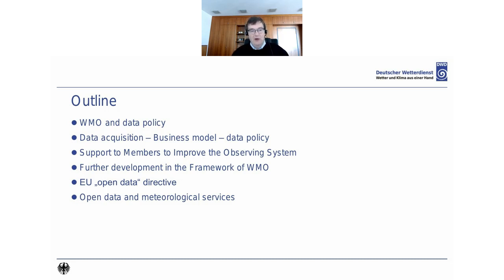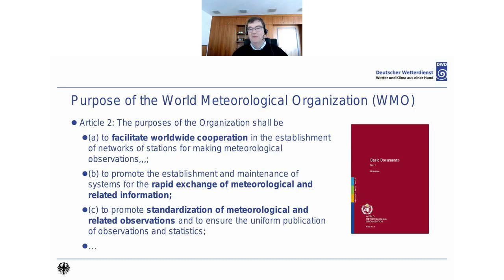What is the WMO? Of course, I like very much this book, Basic Documents #1 of WMO. This is the convention of the WMO, and there's Article 2 of the convention explaining the purposes of the organization. There you find sentences like: to facilitate worldwide cooperation in the establishment of networks of stations for making meteorological observations. That means to facilitate the necessary infrastructure for a global data set.